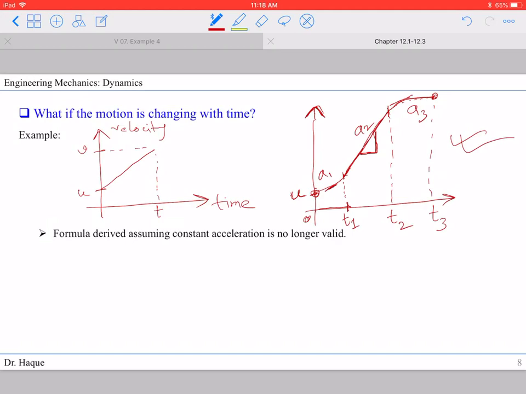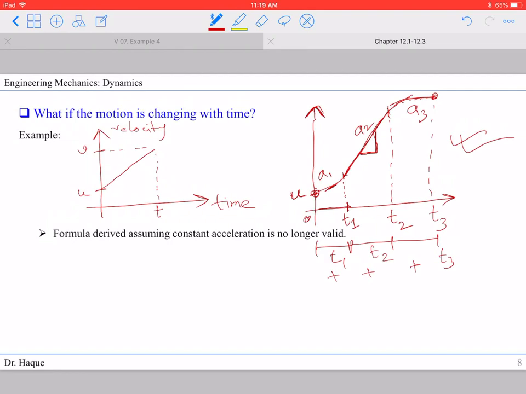For this scenario, we have to use a different formula or a different approach. One approach could be that we solve section by section. We can solve the problem from the start up to time t1, and then we can solve the second part up to t2, assuming t1 is the initial time and t2 is the final time, and then we can solve the third part assuming t2 is the initial and t3 is the final, and we can add the cases together to get a solution.